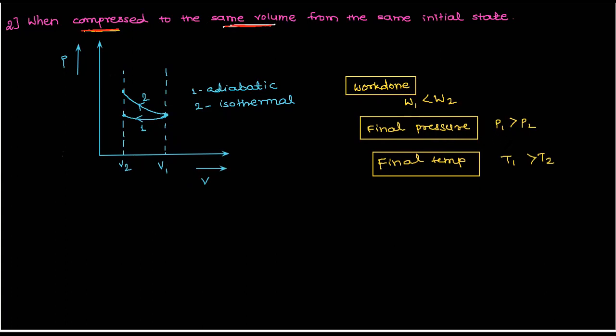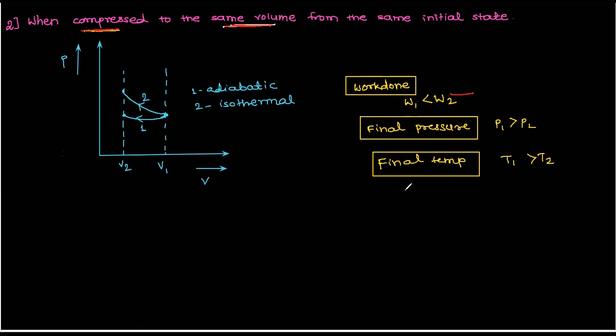Final temperature is greater in the second case, that is, adiabatic is greater. Temperature in adiabatic is greater than temperature in the isothermal case. Here also you see work done in the isothermal process only is more than the adiabatic process.